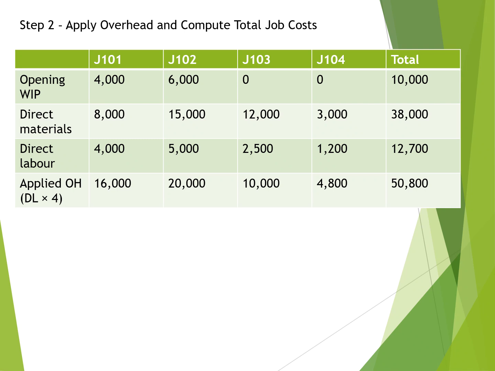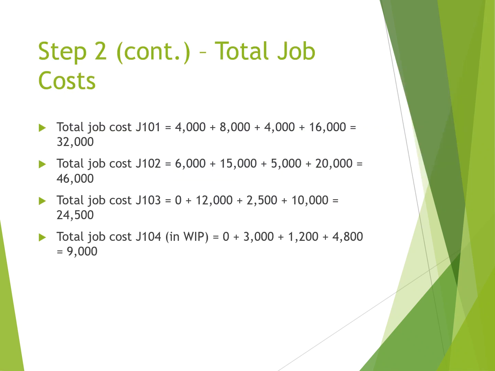If you add those up, the total overhead applied to all 4 jobs in August is $50,800. On this slide, you can also see the totals for opening work in process, materials, labor, and overhead across all jobs.